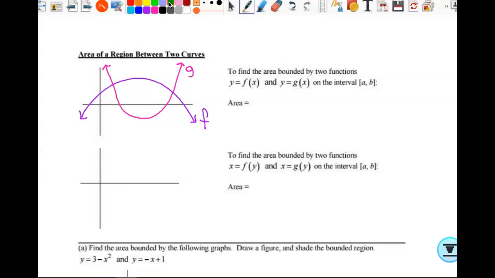The area bounded between F and the x-axis is this area here, right? The area bounded between G and the x-axis is this part here, right? So this is what I want in here.